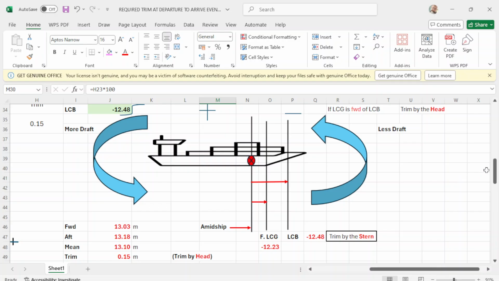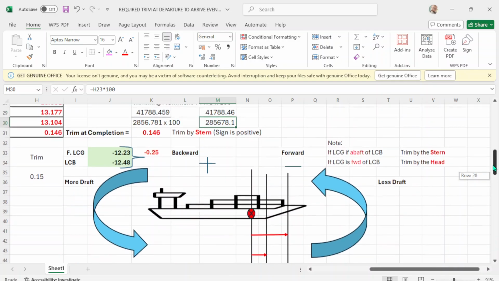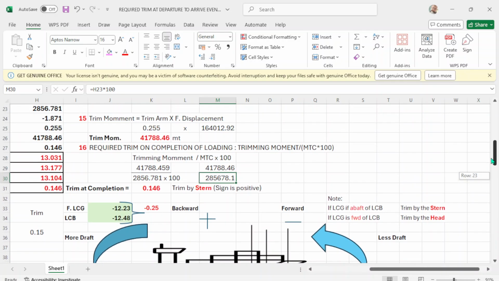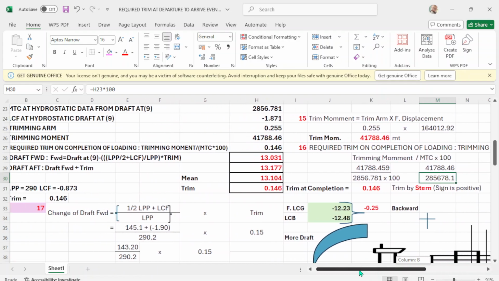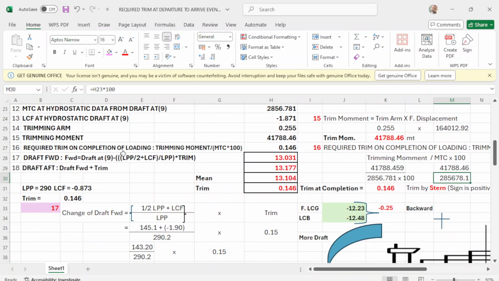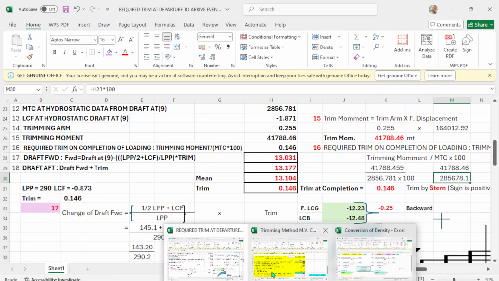So we go to the problem again. You already have your trim, which is 1.46, and that will be your trim here in number 16.